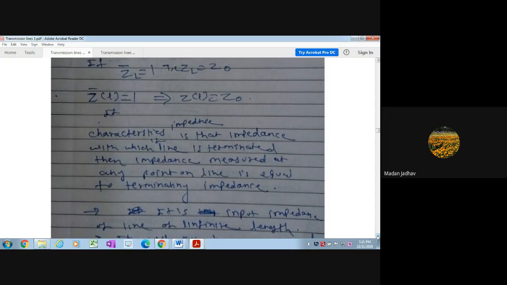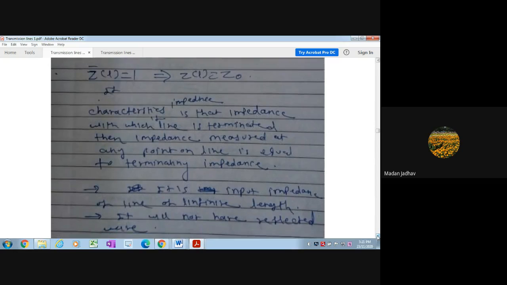Then the impedance measured at any point on the transmission line is equal to the terminating impedance. When ZL is equal to Z naught, if you measure the impedance at any location, you will get Z naught only, the same value at any location when you connect a load impedance equal to the characteristic impedance.